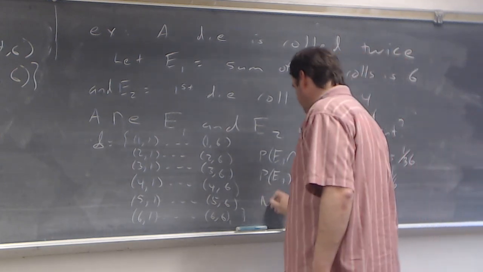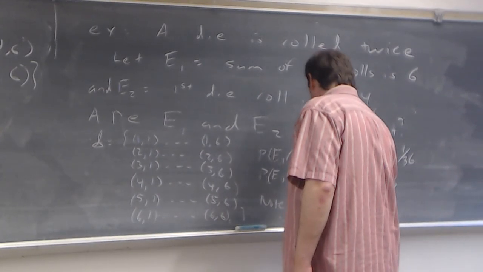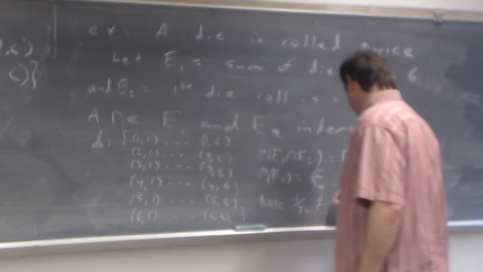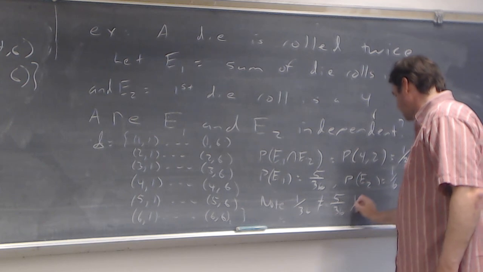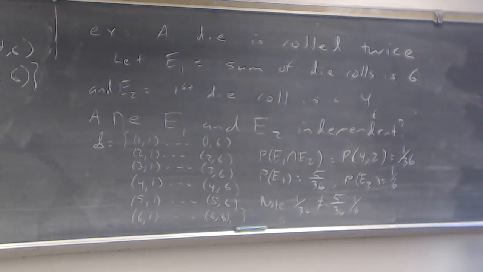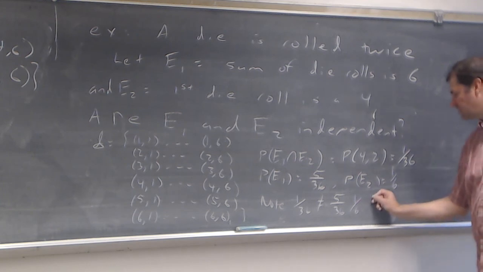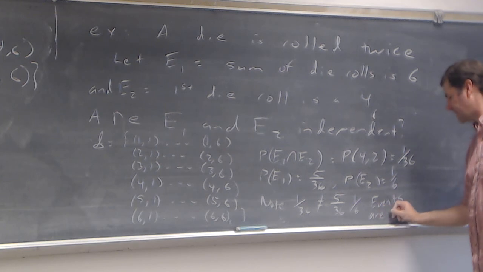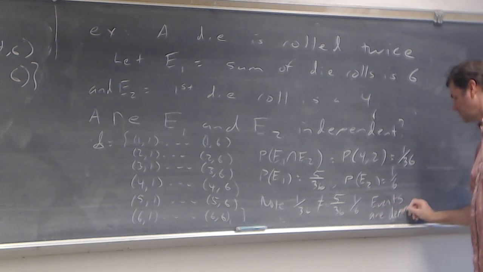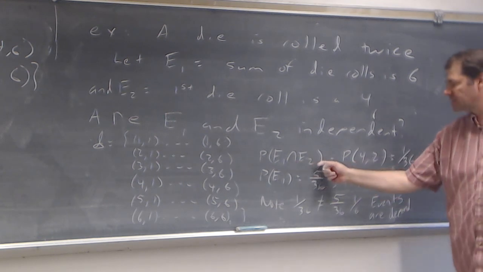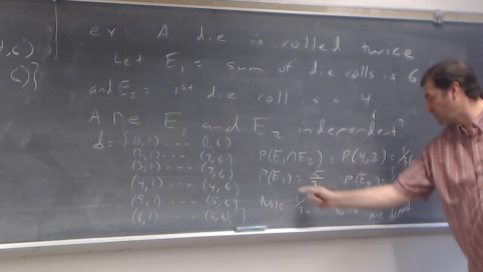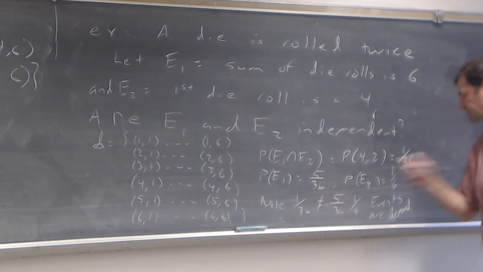And note, 1 out of 36 does not equal 5 out of 36 times 1/6. These aren't the same. They're close to being the same, but they're not the same. And so these events are dependent. That is, the probability of E1 intersect E2 does not equal the probability of E1 times the probability of E2.